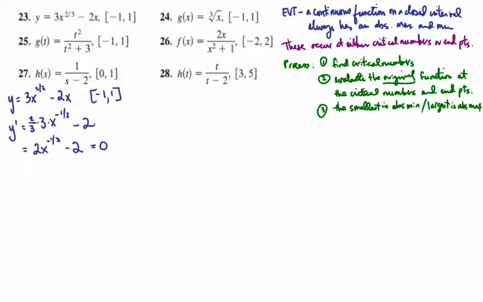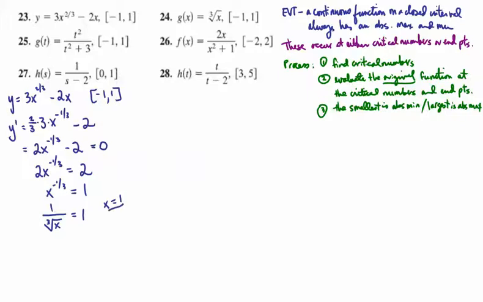And we can do this in a number of ways. I'll move the -2 over to the other side. Divide by 2, and that gives me x to the -1/3 is equal to 1. Now x to the -1/3 is really just 1 over the cube root of x, and that will equal 1 only when x is equal to 1.